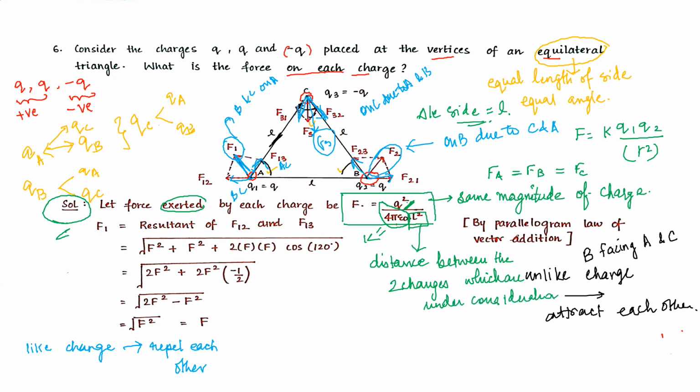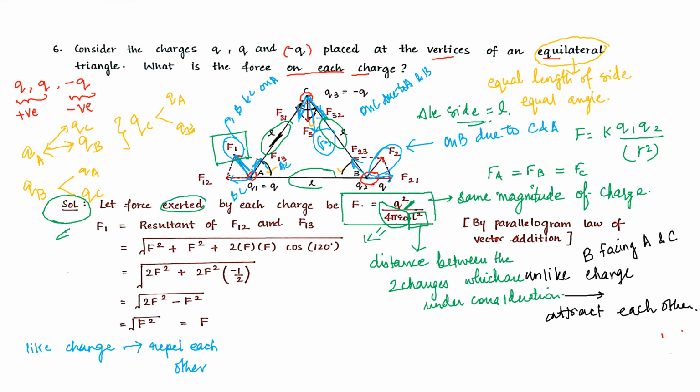Okay, so we will get the force over here and force over here using Coulomb's law of force. But what about this resultant force? From where will we get this force? So force F12 equals F13 equals F21, F23, F31 and F32. These all forces are the same.